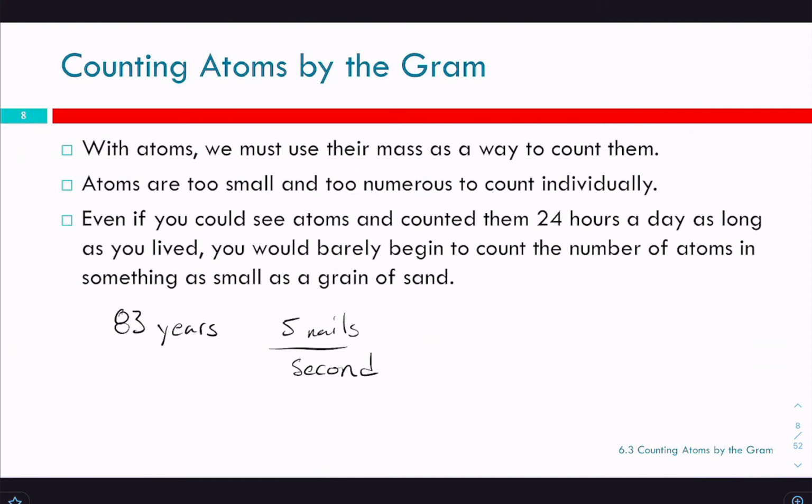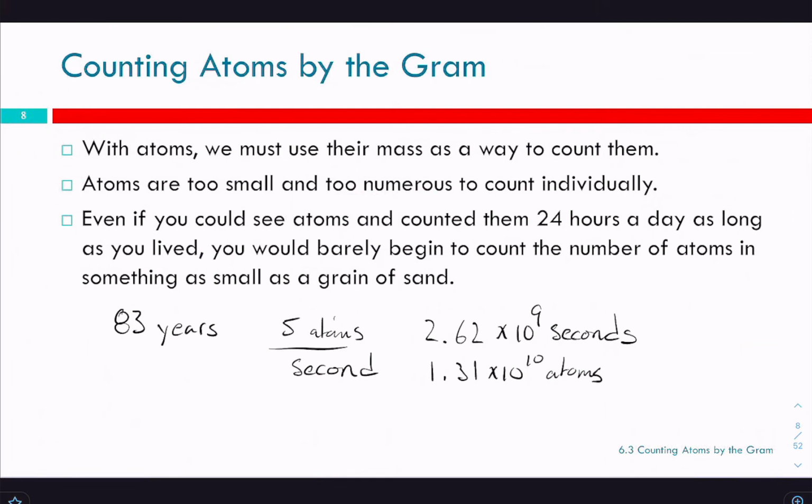So that is 2.62 times 10 to the 9 seconds times 5. So you count 1.31 times 10, or sorry, not nails, atoms. 1.31 times 10 to the 10 atoms in 83 years, assuming that you did that 24/7, every single day, 5 atoms a second.